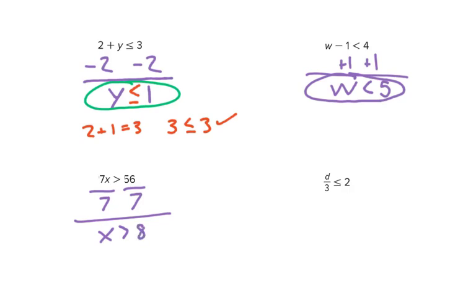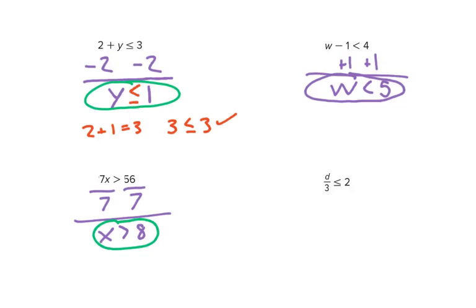And you're noticing that the inequality symbol, when we're solving these, is always the same inequality symbol that you see in the original inequality. So in every one of these examples that we've done so far, the direction that the inequality symbol is facing is the same direction it's facing in the inequality itself.